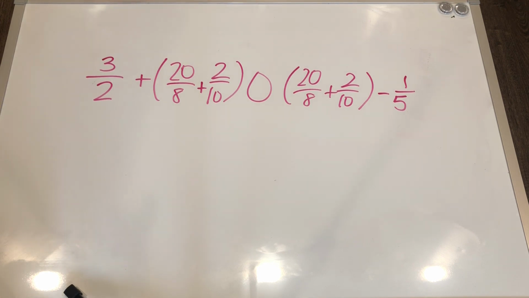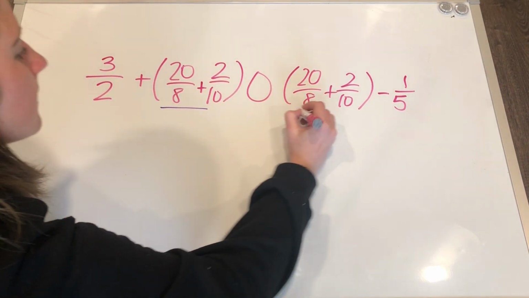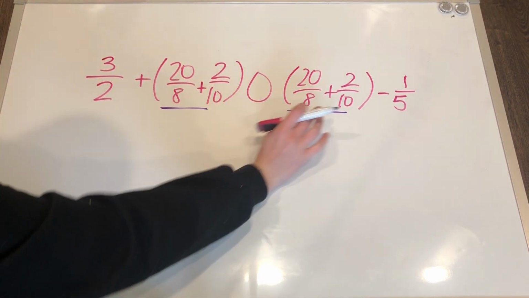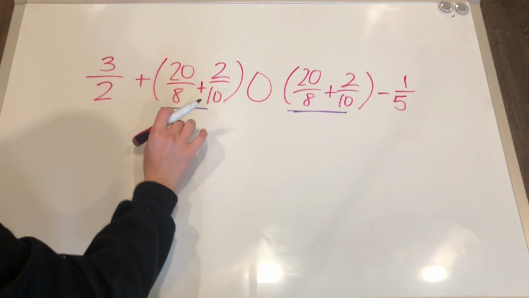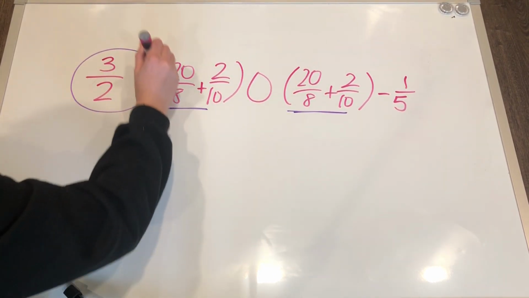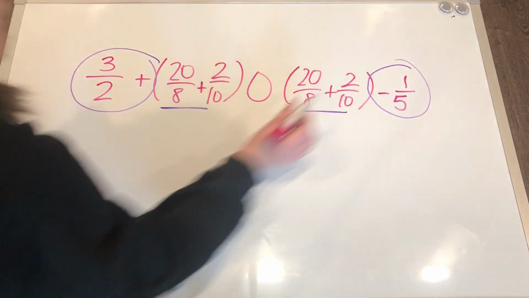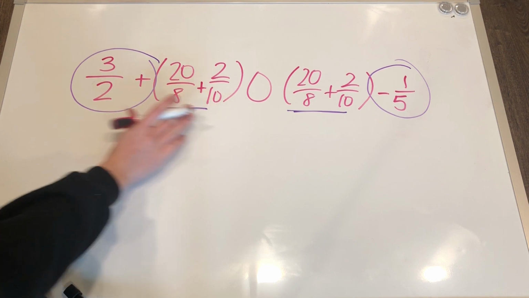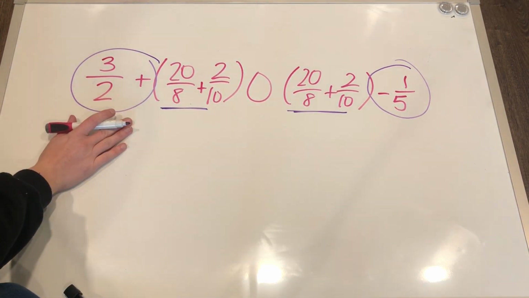Right off the bat, what I notice is that what's in my parentheses is the same. 20/8 plus 2/10, 20/8 plus 2/10, those are the same value. So we have to look at what is happening on the outside of that part of the expression. If this is the same, and we're adding in 3/2, that is going to give us a greater value.